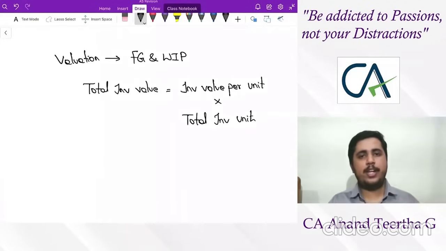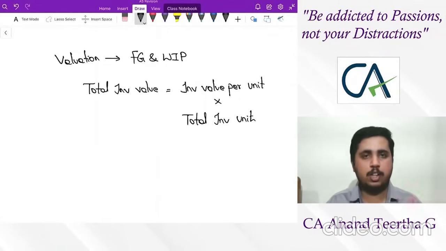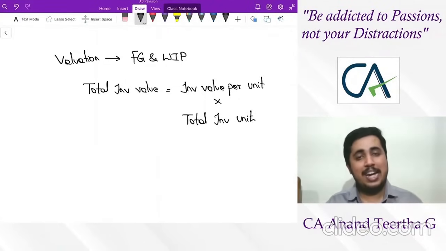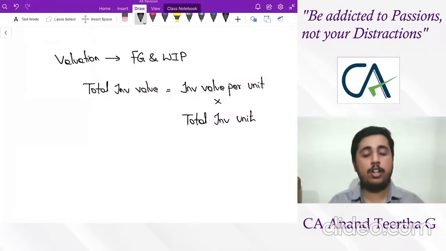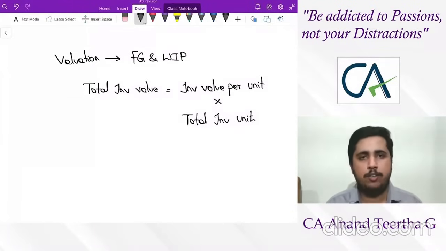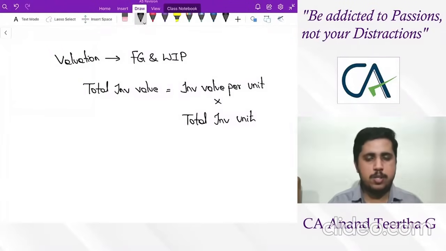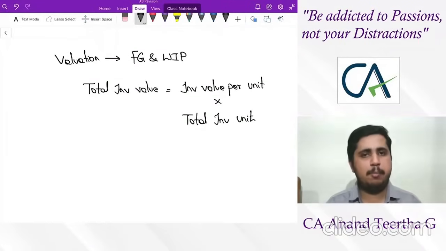So normally you get inventory value per unit. You value per unit cost first, or per unit value first. Later you multiply with the total closing stock units. The multiplied value will be the total value of inventory. So whatever rules we are going to learn now mainly target one unit. Later it will be multiplied with the total units to get the total value.